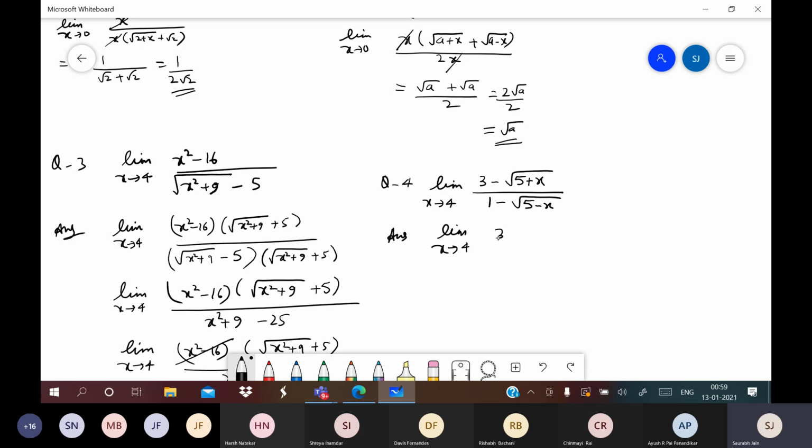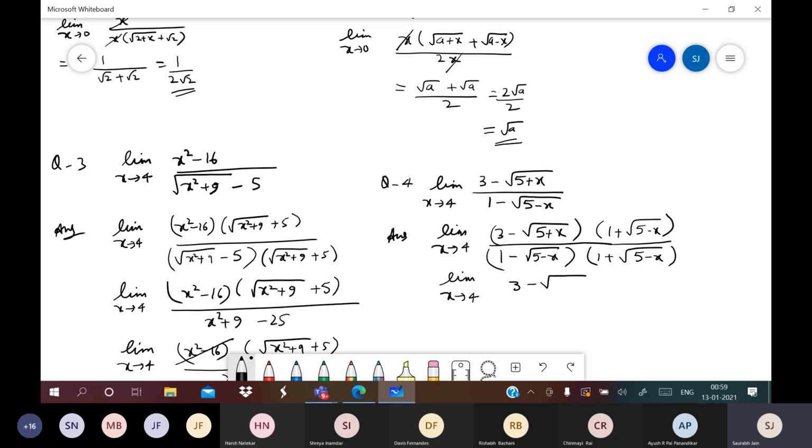Let us say you thought about rationalizing the denominator. Now when you do this, you will get 3 minus under root 5 plus x times 1 plus under root 5 minus x.